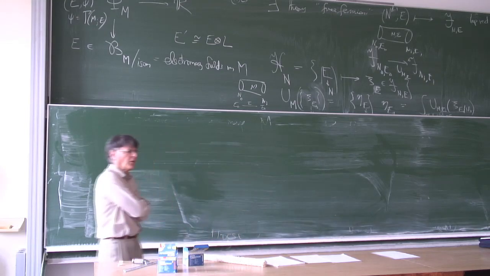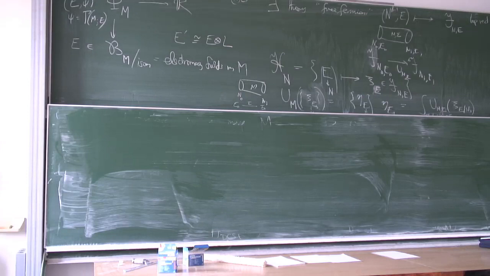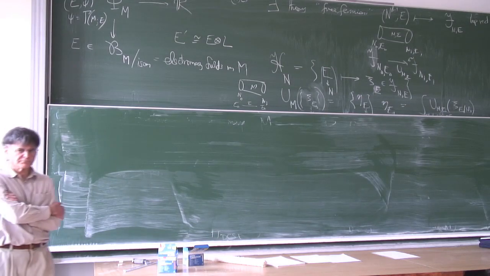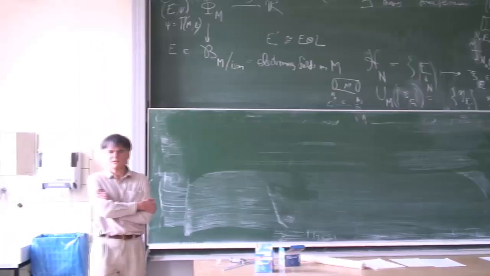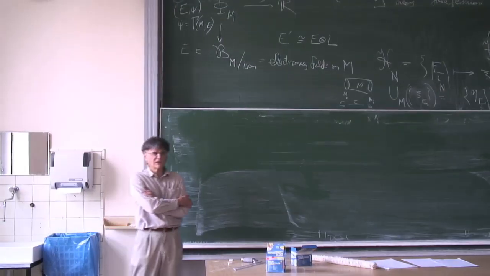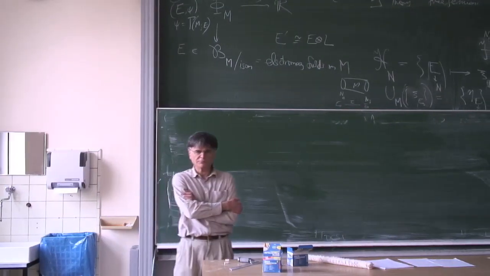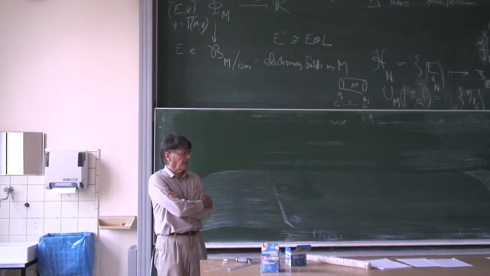So there's an obvious inadequacy in the definition of a quantum field theory that I have been working with. So what is this inadequacy? Well, it's that the definition is not sufficiently local. What does that mean?